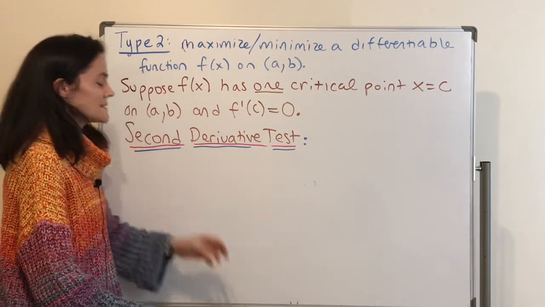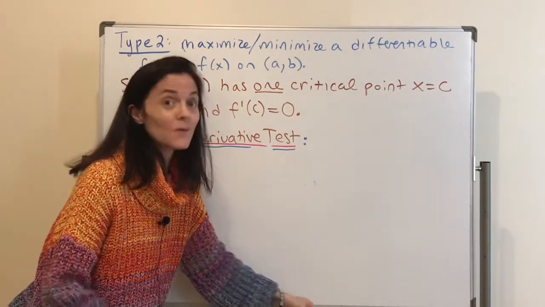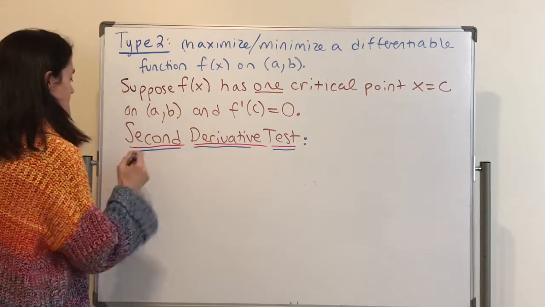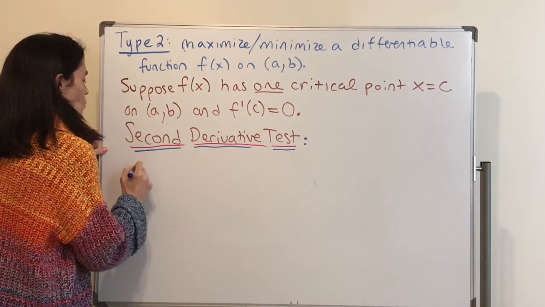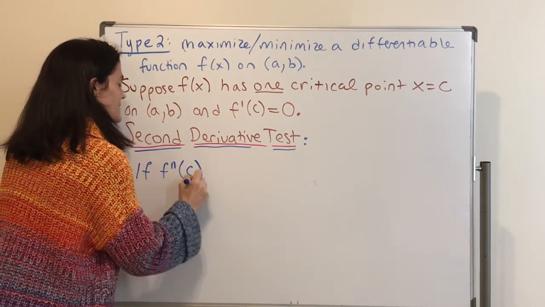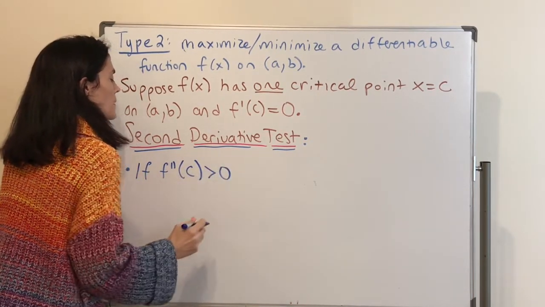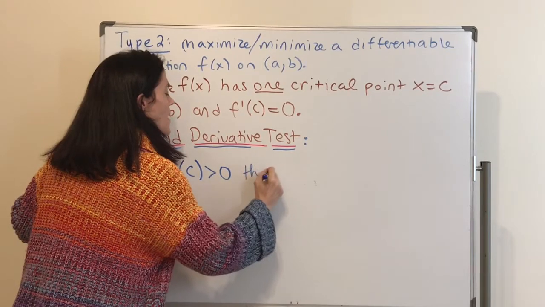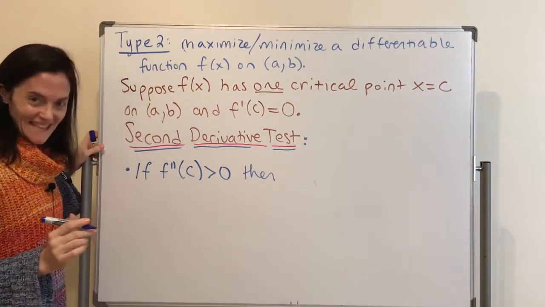So what does the second derivative test say? Well, there are two parts. One is if the second derivative at this critical point is positive, then, and we will make a statement.